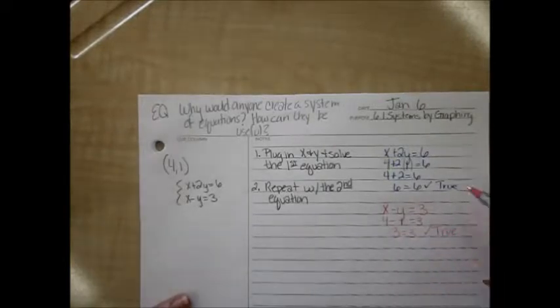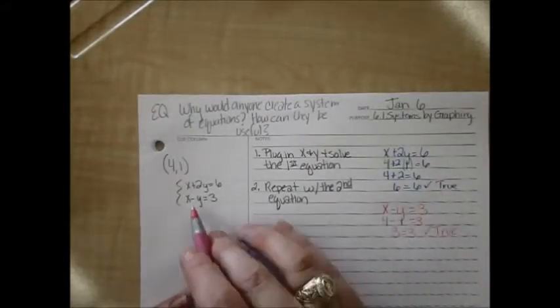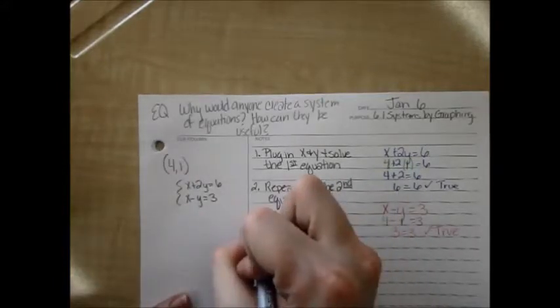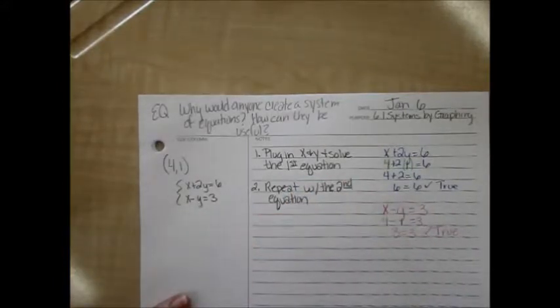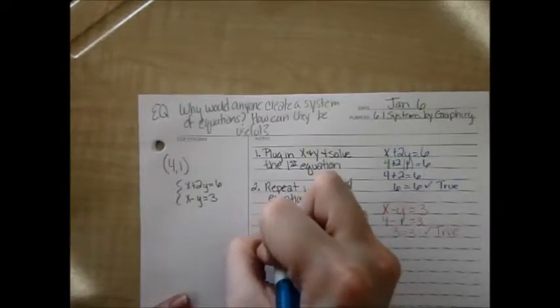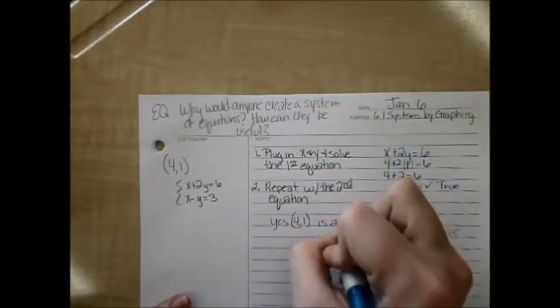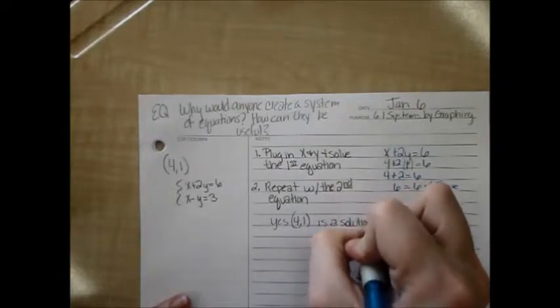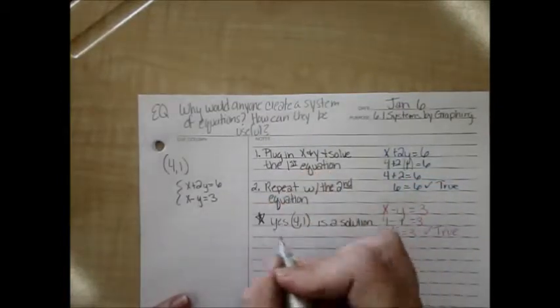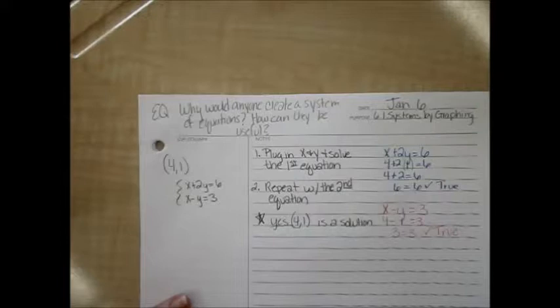So it's true. Since it's true for both, they both work, then this is a solution. So my answer would be yes, (4, 1) is a solution. That's your answer in a complete sentence. If it's a fill in the blank, all you have to put is yes.